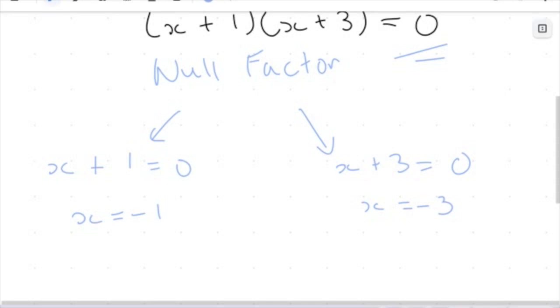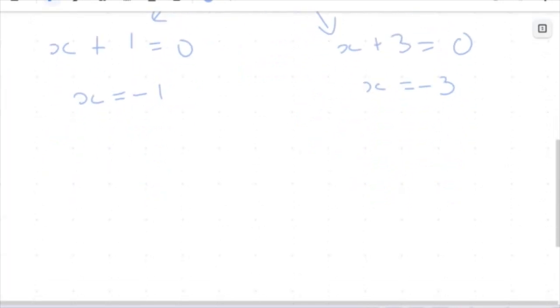Now, when we're looking at particularly cubics, to the power of 3, like these ones that we were factorizing in the previous video, or working with remainder theorem or division of polynomials, these are going to have slightly more solutions if we were to use the null factor law.